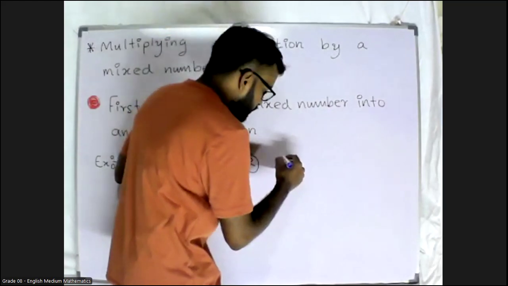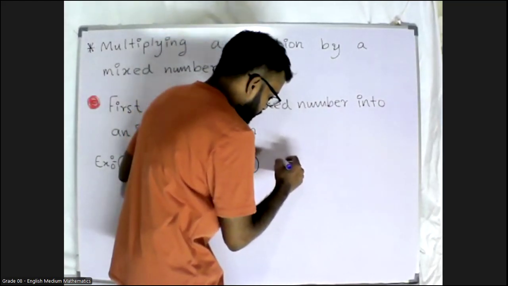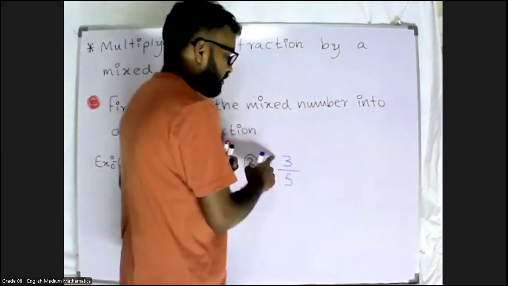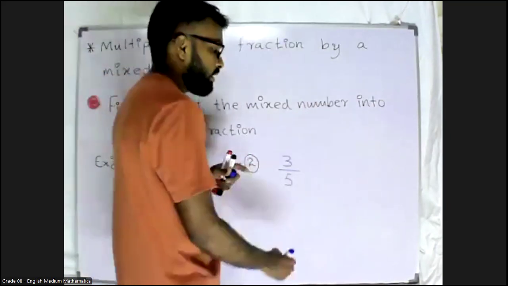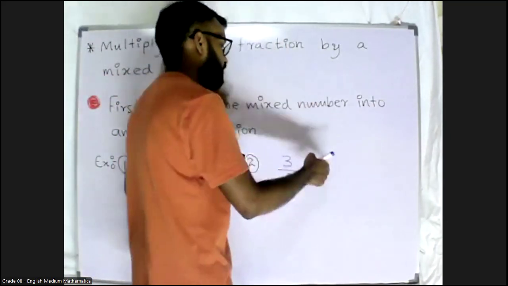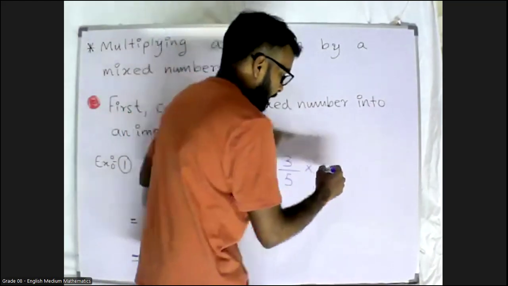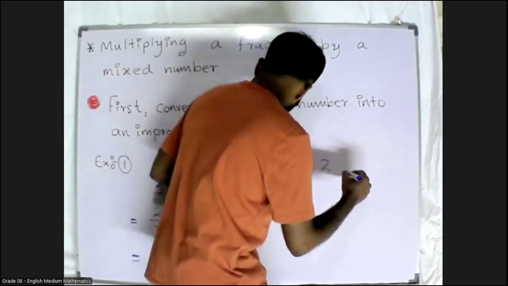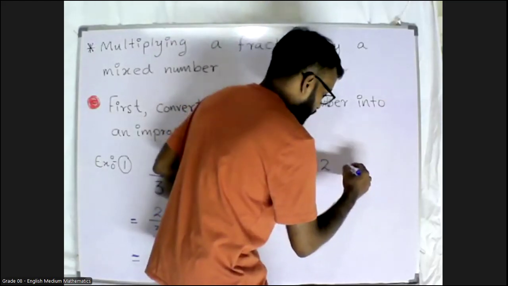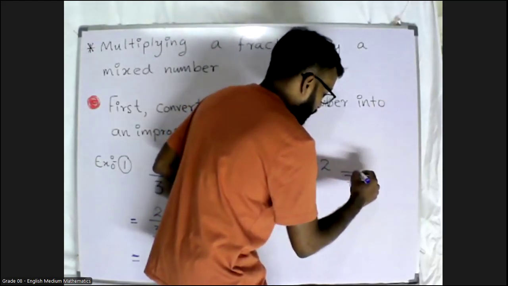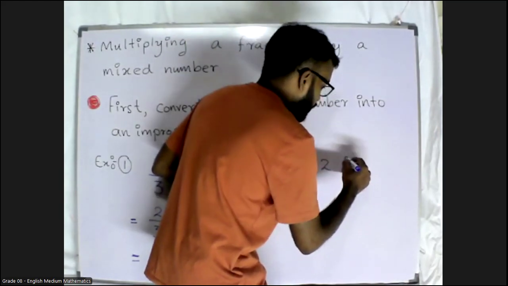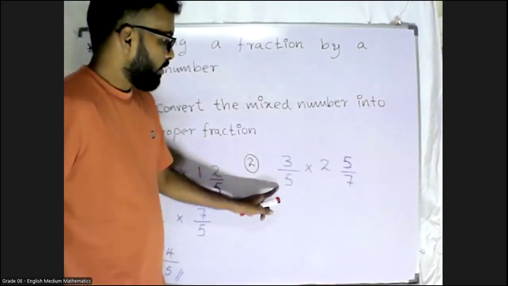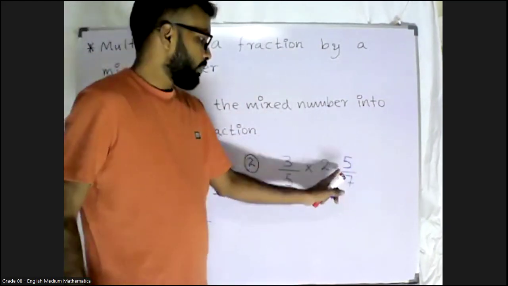I will take 3 over 5 as my fraction, and I'm going to multiply it by a mixed number, 2 and 5 upon 7. This is my mixed number. 3 over 5 times 2 and 5 upon 7.